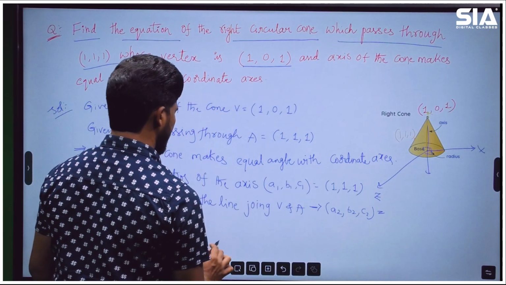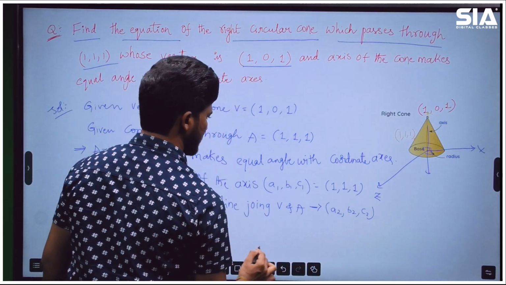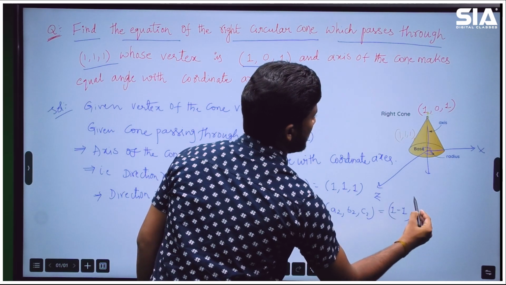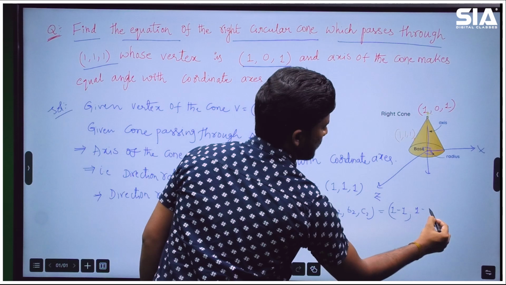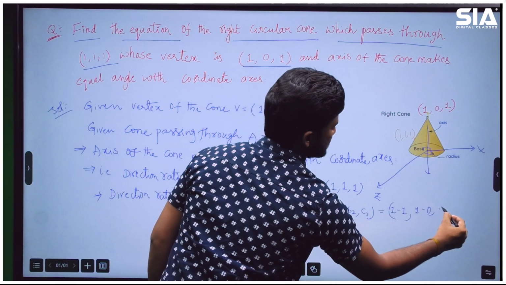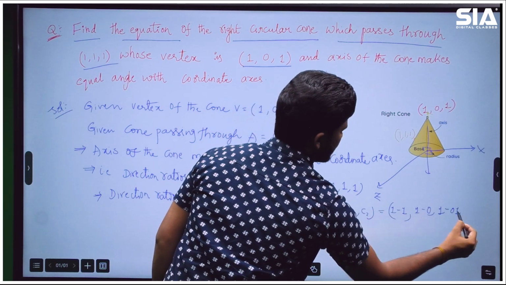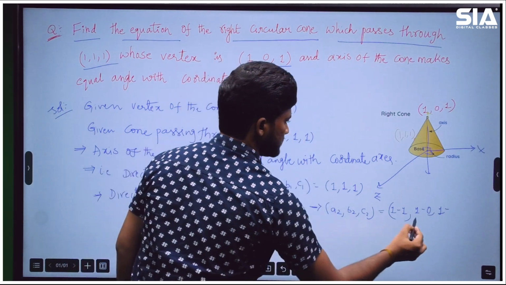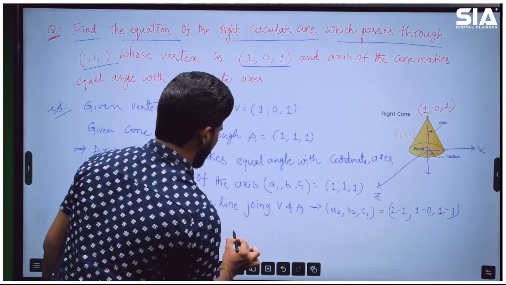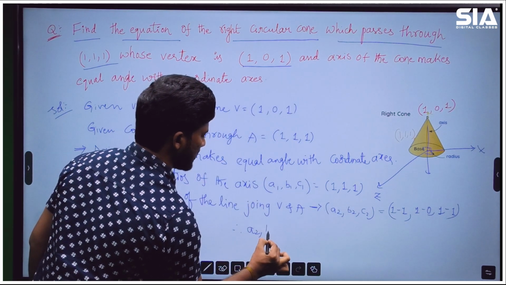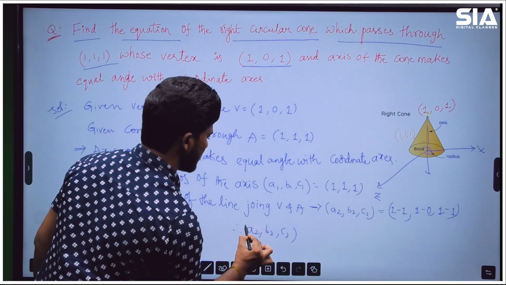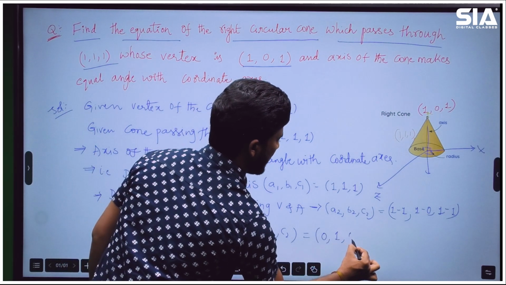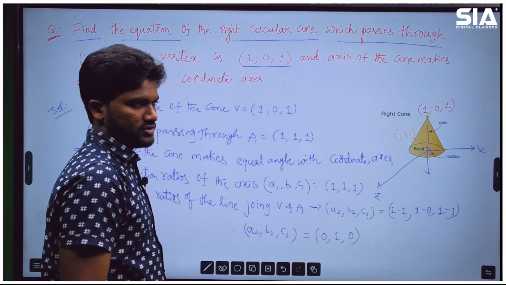We can write the direction ratios as 1 - 1, 1 - 0, 1 - 1. Therefore finally a2, b2, c2 is equal to 0, 1, 0. These are the direction ratios.